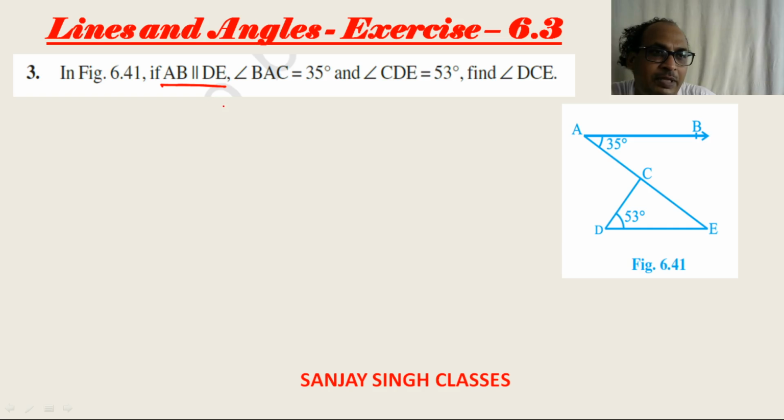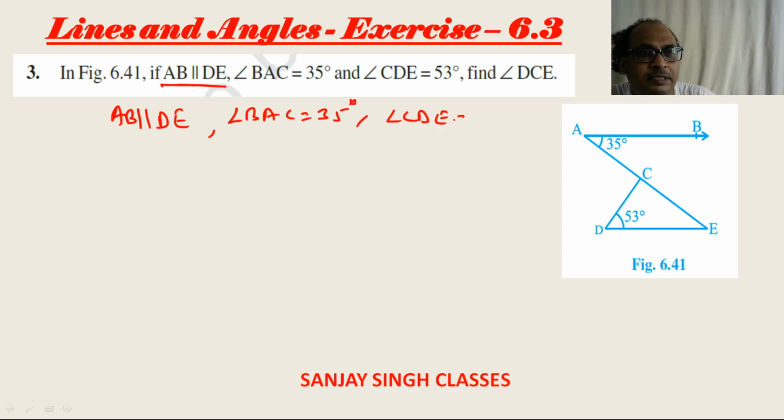So we are given AB is parallel to DE, and as shown in the figure, angle BAC is equal to 35 degree, angle CDE is equal to 53 degree. We need to find angle DCE. Which angle do we need to find? Angle DCE.